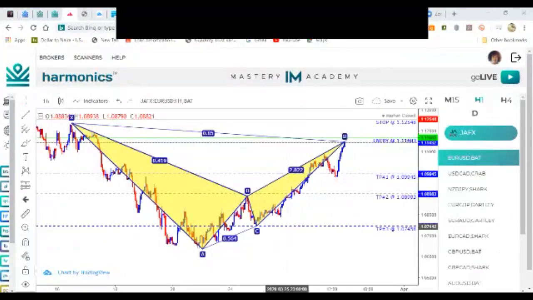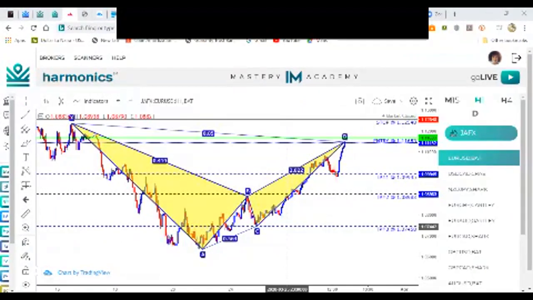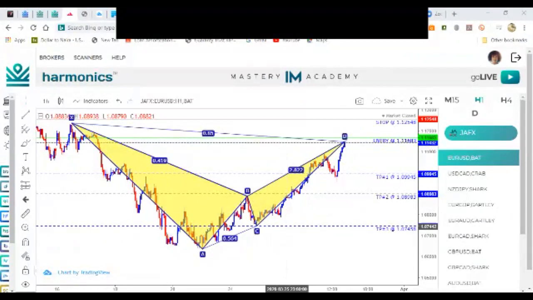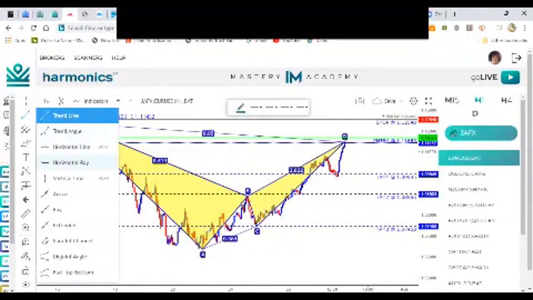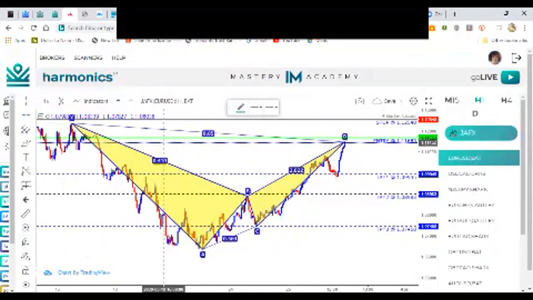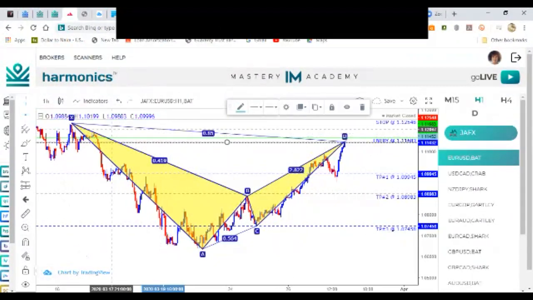My bias on Euro USD is that it's still going to buy a little bit more before we have any direction. So I'm going to trap this.